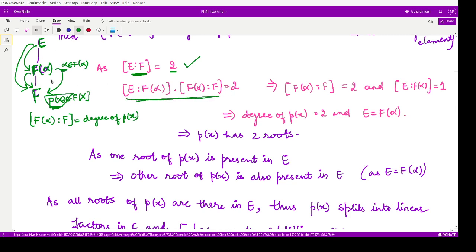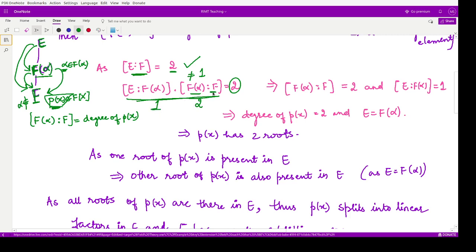Now the degree of F(alpha) over F cannot be 1, because we have assumed the construction in such a way that alpha does not belong to F. If the degree were 1, they would both have to be equal, but here they are not equal. The product is 2, so one has to be 1 and the other has to be 2. So the degree of F(alpha) over F would be 2 and the degree of E over F(alpha) would be 1.